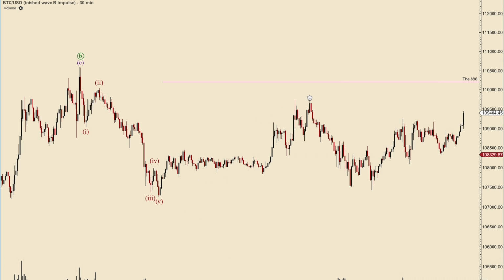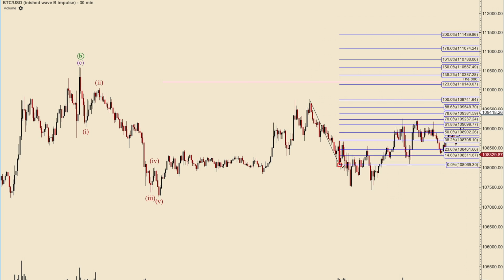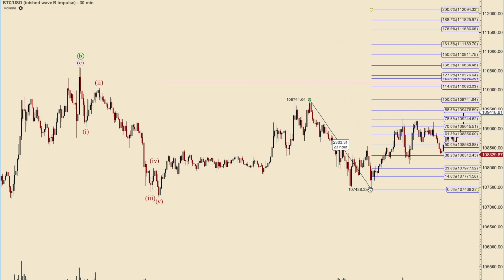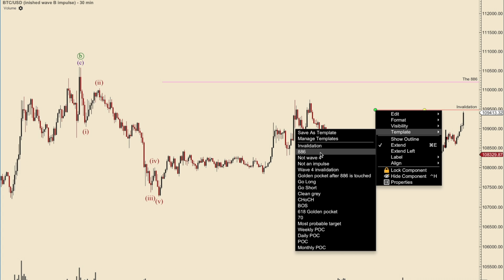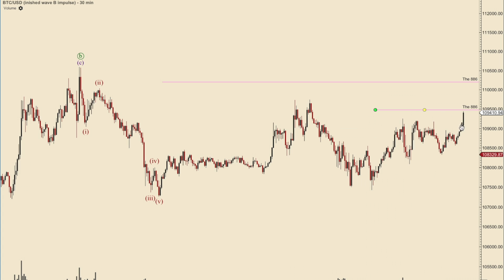Either wave 2 is finished here and we have wave 1 here, and then another wave 2. So 1, 2, 1, 2. But if this is wave 2, then it's very uncommon for wave 2 to hit the 88.6, which is here. So if we touch that, the probabilities for this to be a 1, 2, 1, 2 lowers significantly.